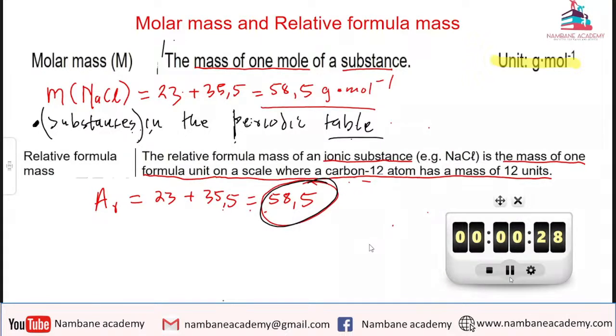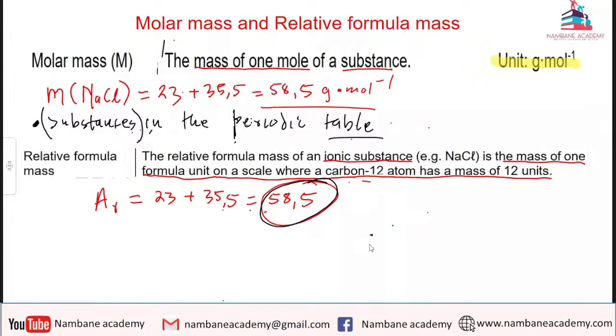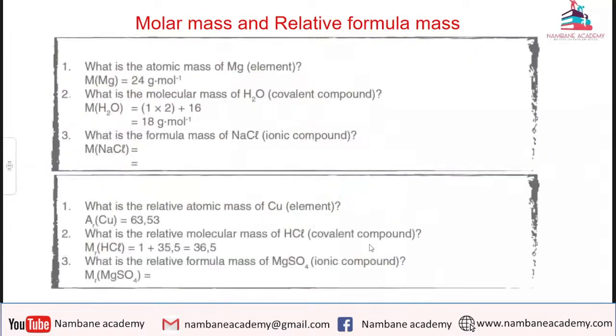Ladies and gentlemen, thank you very much. Let's move now to this particular slide. I am not going to waste a lot of time, but we will just check how we go about ensuring that we calculate the molecular mass and the relative formula mass.